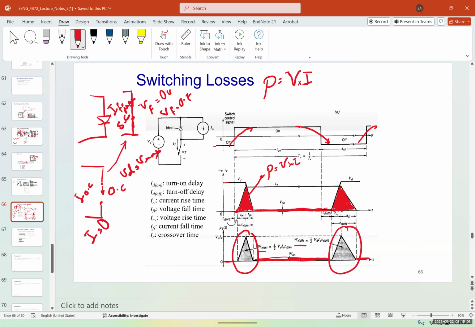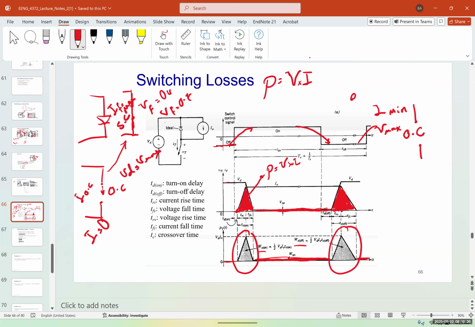When we are in the off situation, if it's an ideal switch, it's an open circuit, and the current is at its minimum and the voltage is at its maximum.